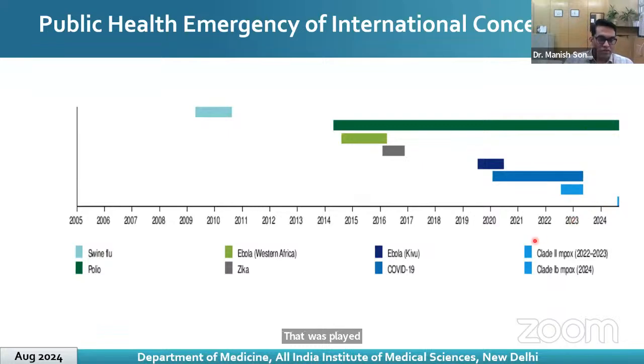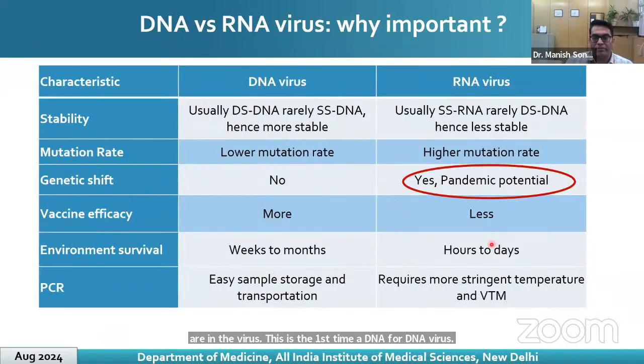If we notice closely, all the viruses for which PHEIC has been declared till now were RNA viruses. This is the first time a public health emergency has been declared for a DNA virus.